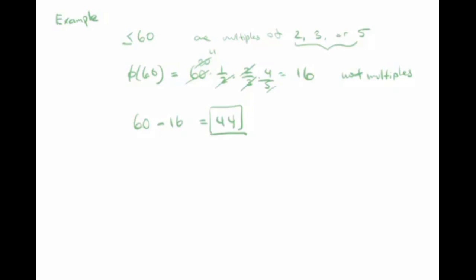Does anyone have questions? Okay, then moving on. We're running out of time. Now we're going to generalize Fermat's little theorem, and this is Euler's Totient theorem.